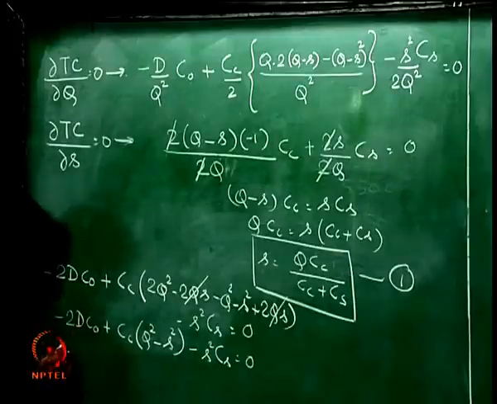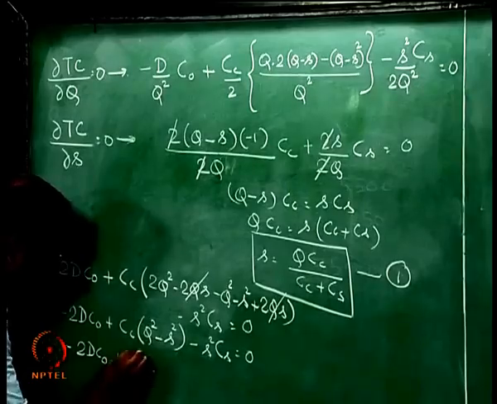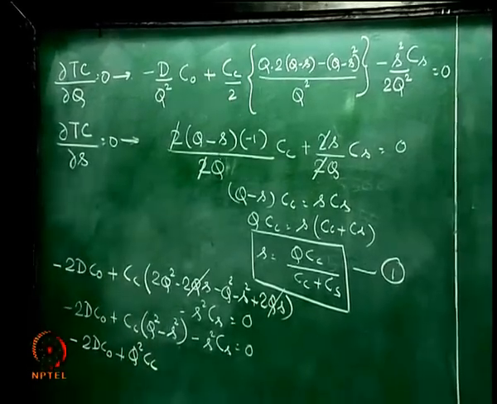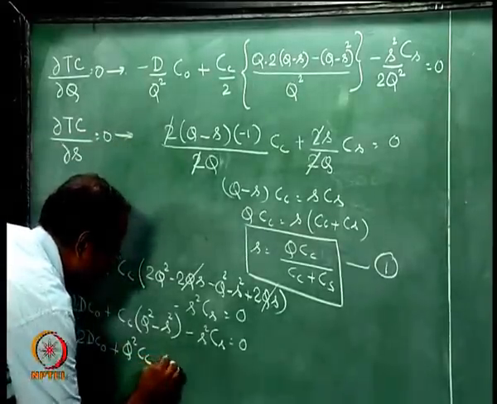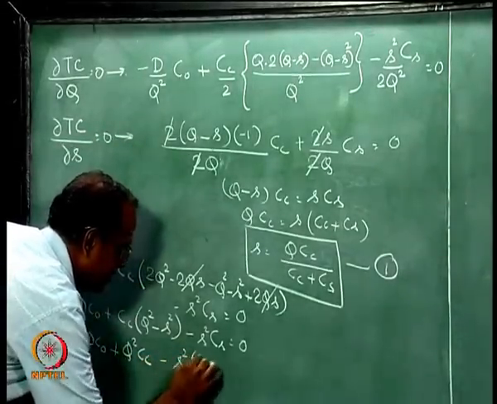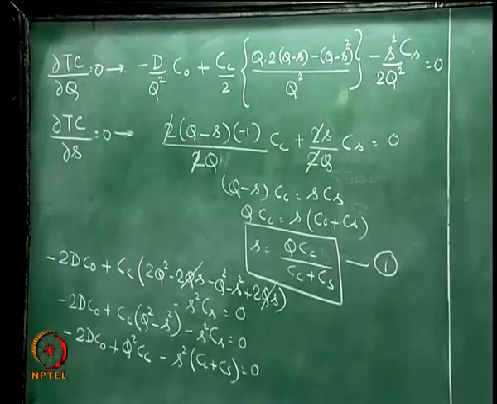Now, this will become minus 2D C naught plus Q square CC minus S square into CC plus CS equal to 0.